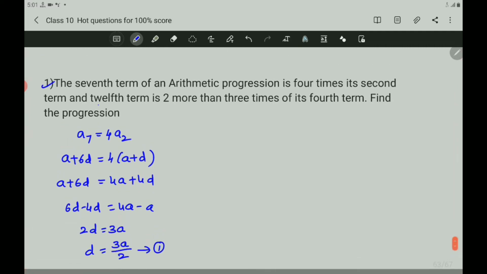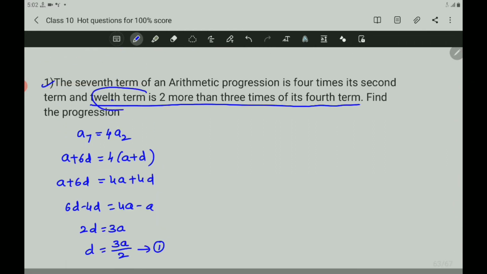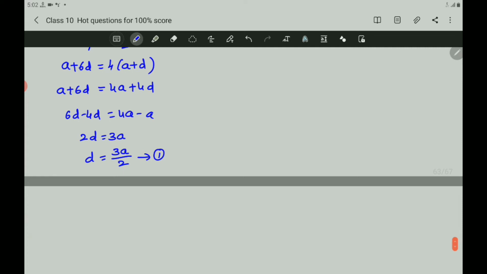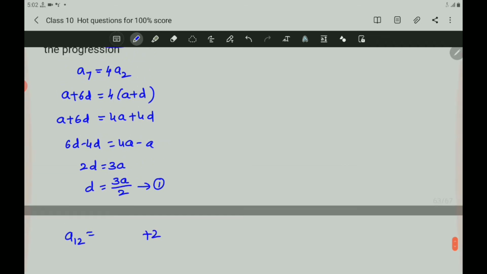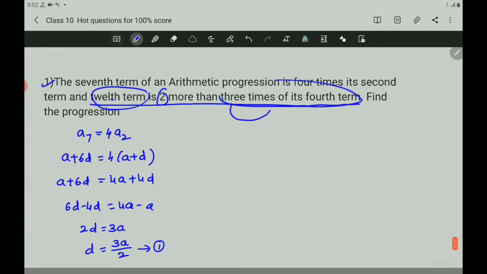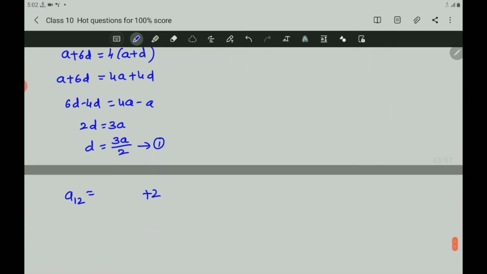Then take the second relation. The 12th term is 2 more than 3 times its fourth term. So the 12th term means A12, 2 more means plus 2, and 3 times its fourth term is 3 into A4.